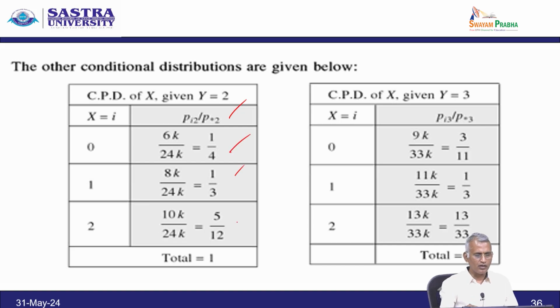Similarly, for 1 and 2 the corresponding table we can do. Once you understand that for y equal to 2, we can extend to y equal to 3 and x equal to i, pi3 by p3, and the corresponding values are 0 corresponding 3 by 11, for 1 it is 1 by 3 and for 2 it is 13 by 33, therefore the total value is 1.